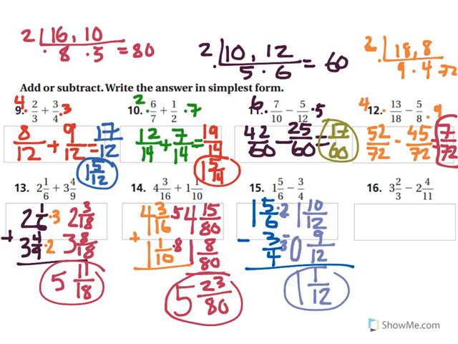And finally, home stretch. I got 3 2/3 minus 2 4/11. Since these are both prime numbers, I can just multiply them by each other. And I will get 33 for the denominator.